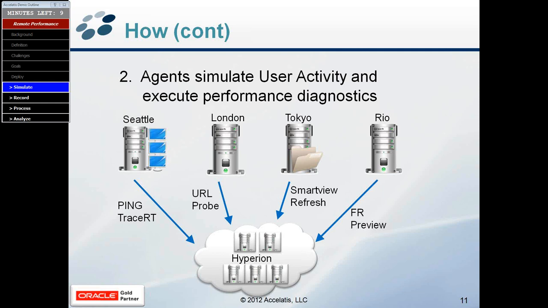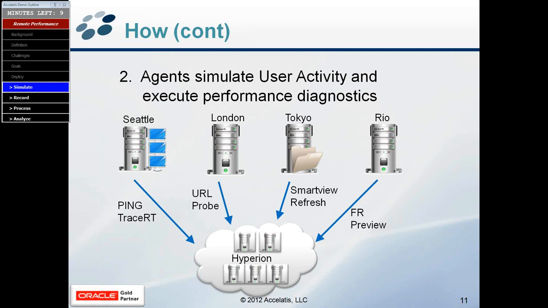We can then do more detailed tests, which are really going to execute at a very deep level in Hyperion by running full synthetic transactions. So part of the Excelus Ascension Suite solution is our user simulations functionality, and this includes pre-packaged user simulations.